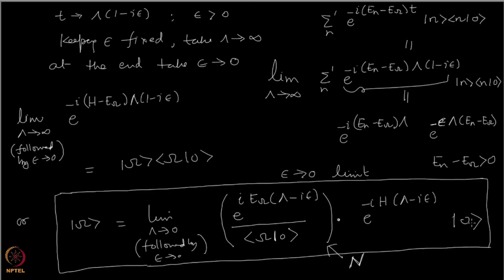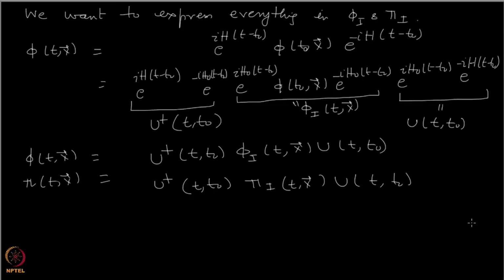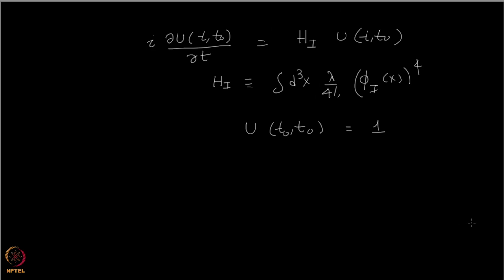Okay, so I think I should write e to the minus iH(lambda minus i epsilon) times some constant factor N here, and this is what we have found till now.